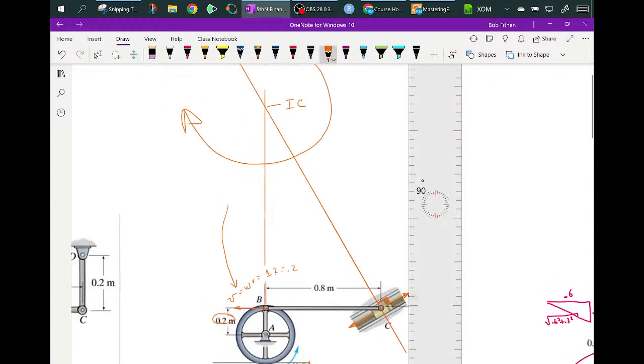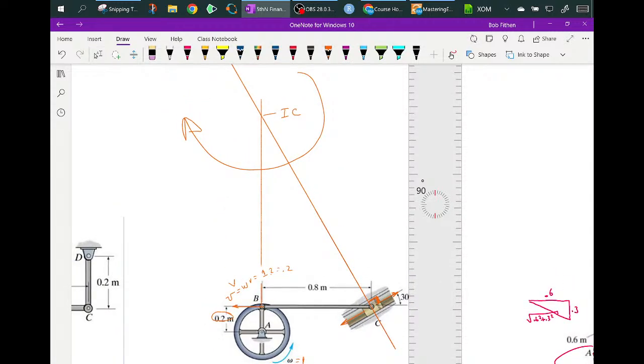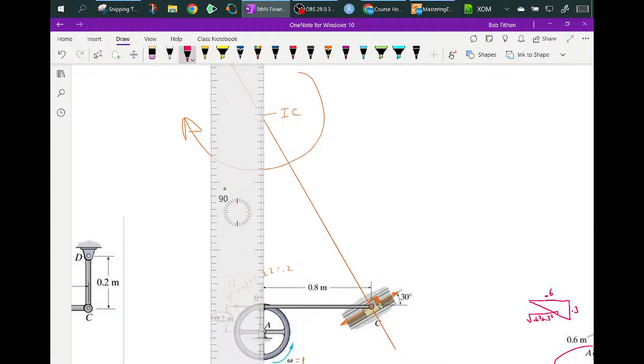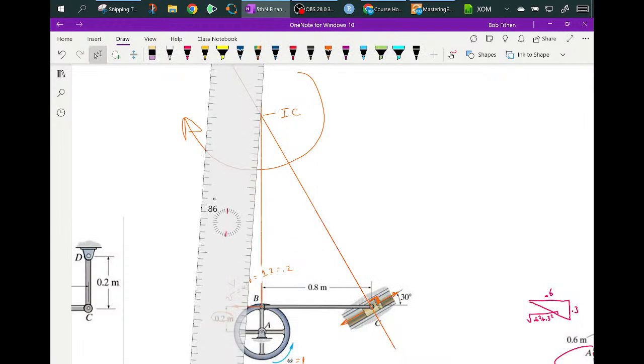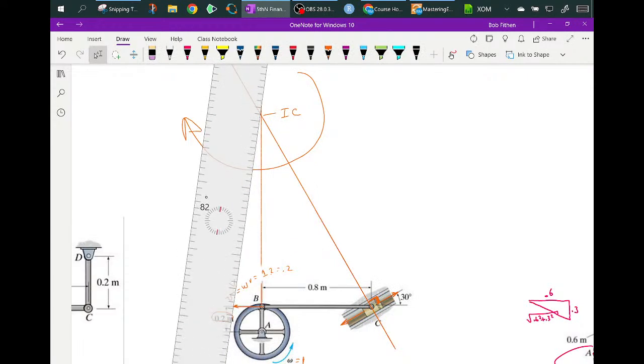If you wanted to do a profile like what we did previously, you would do something like this. Okay, now I'm trying my best here. And I would draw a line like that.